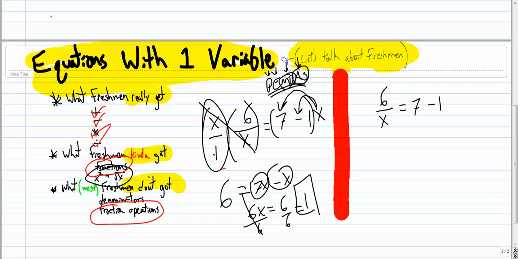Talking about PEMDAS, the order of operations here, multiplication and division does indeed come before addition and subtraction. But look at these. These are what we call like terms.